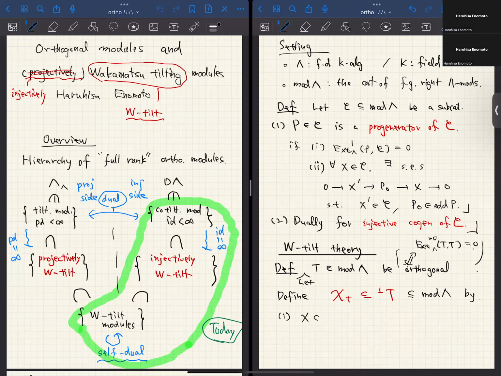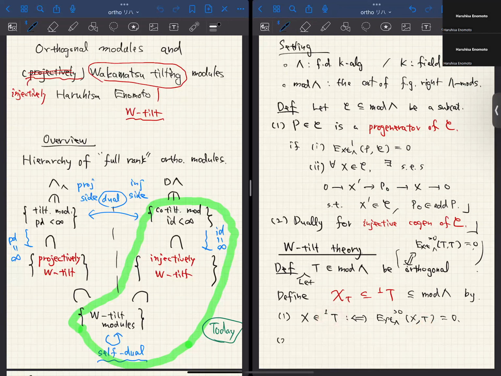This is easier to define. So X belongs to T-perp if all higher extension groups from X to T vanish. This is easy. So this consists of modules such that T behaves like an injective object in that category.